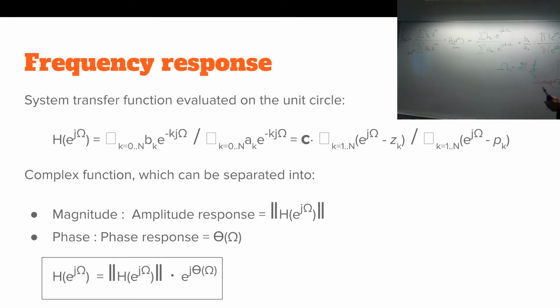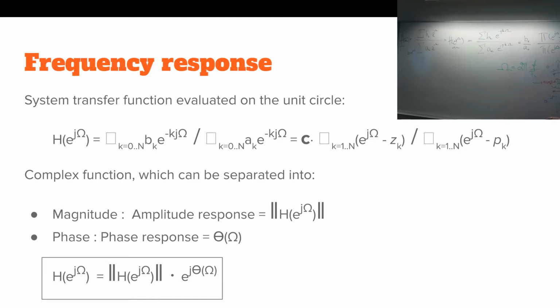So for that reason, these zeros and poles are always complex conjugate pairs. Meaning, if there is a special point on angle omega 1, then there should be the same point at the same range at minus omega 1.